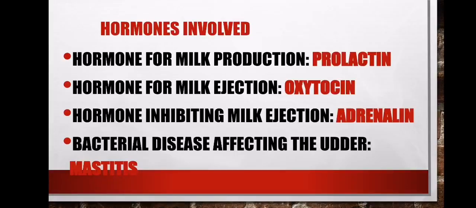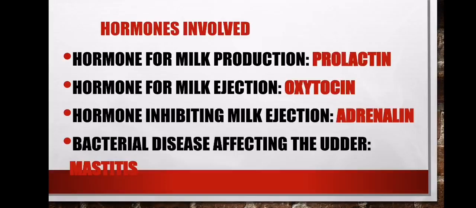Then we have a disease that will affect the udder. That disease is caused by bacteria, hence we call it a bacterial disease. These bacterial diseases affect the udder, and the name of this disease is mastitis. I've highlighted it when we were talking about the Furstenberg's rosette. Mastitis is a bacterial disease.